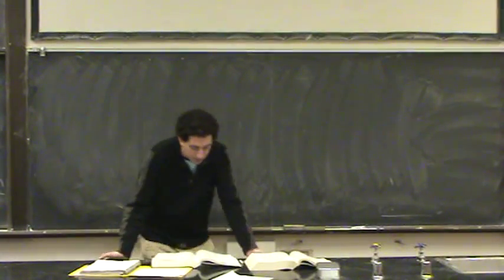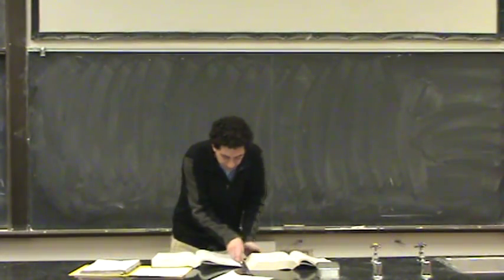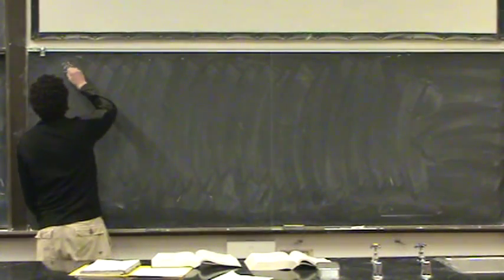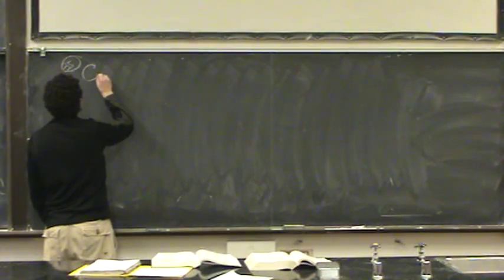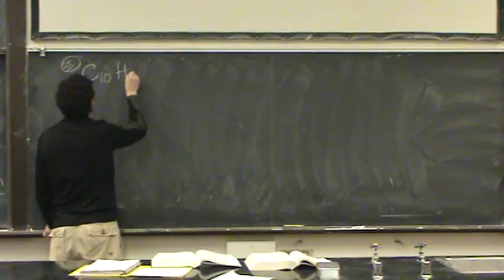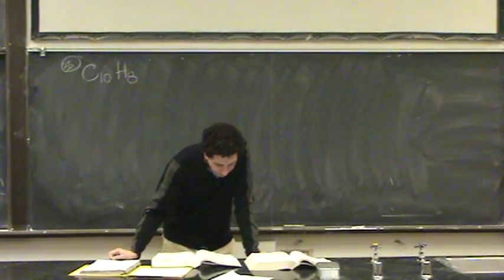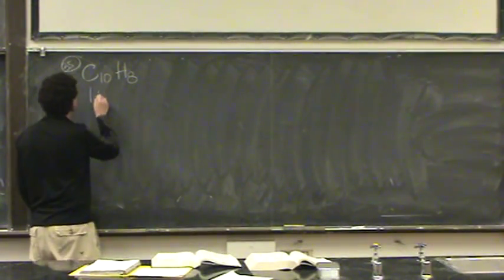Okay, let's try this bomb calorimetry problem here. This is number 35. We have naphthalene, C10H8, 1.620 grams.